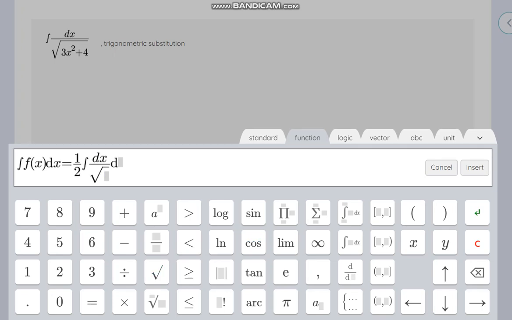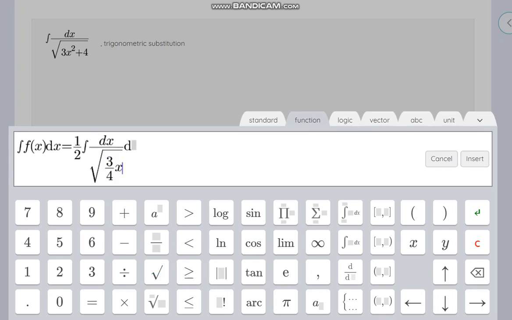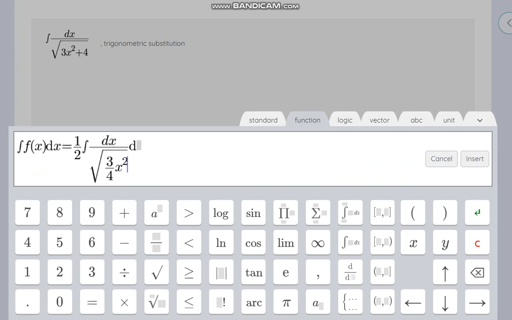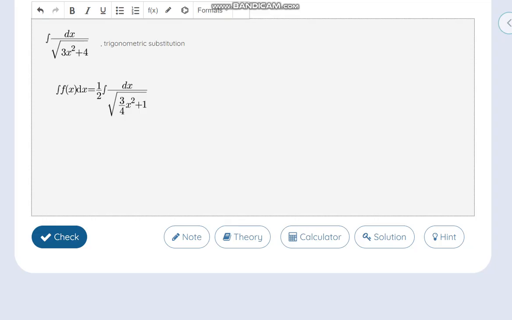If you take the 4 out, we should get something looking like this. So we want to calculate the integral of dx over the square root of 3/4 x squared plus 1.